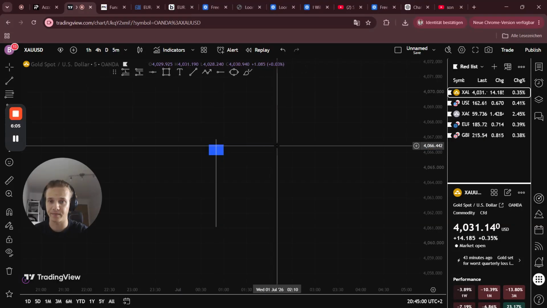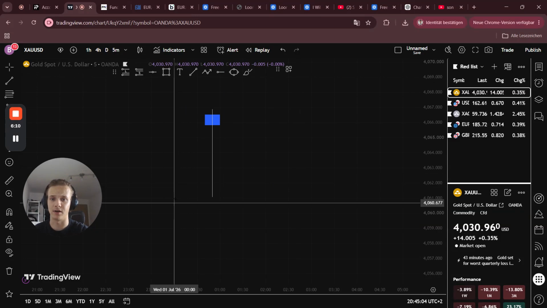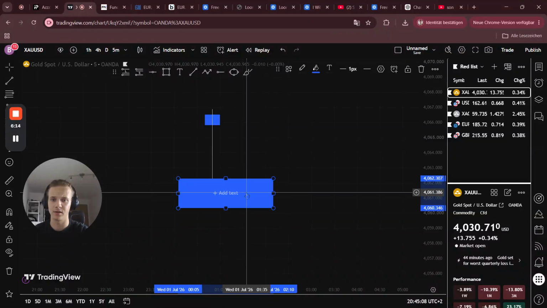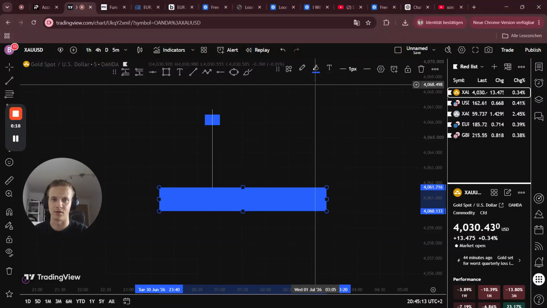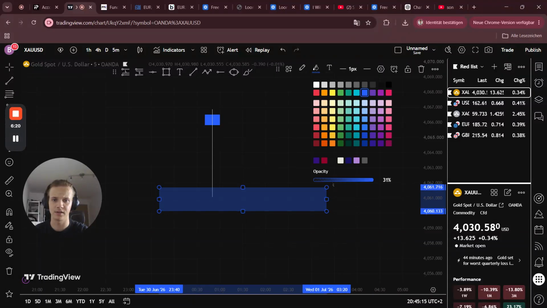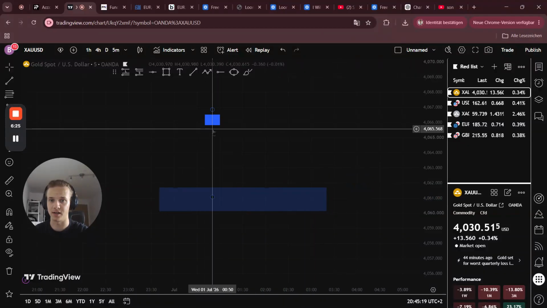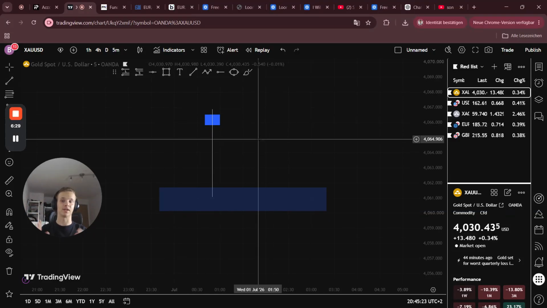So if you are in supply and demand trading and you have a clear zone here, let's assume this is your demand zone right here, and price taps into that demand zone and clearly rejects, that would be the perfect entry confirmation.